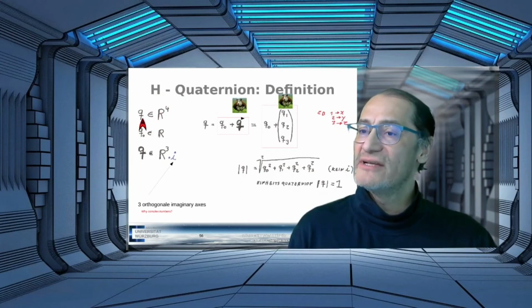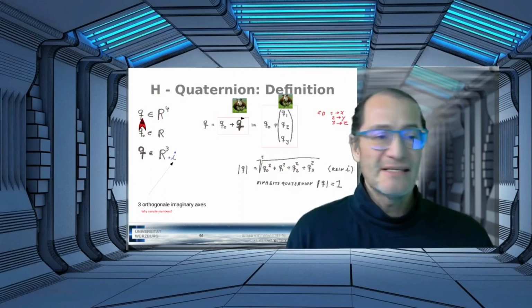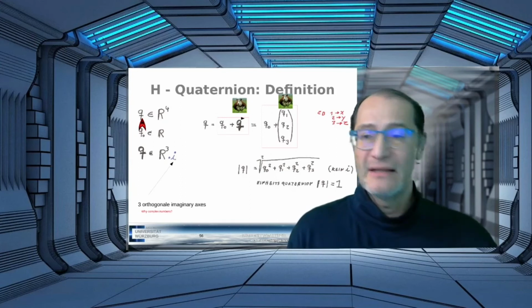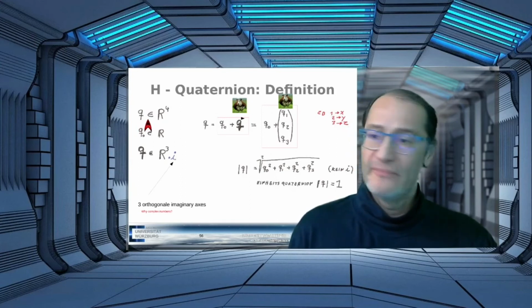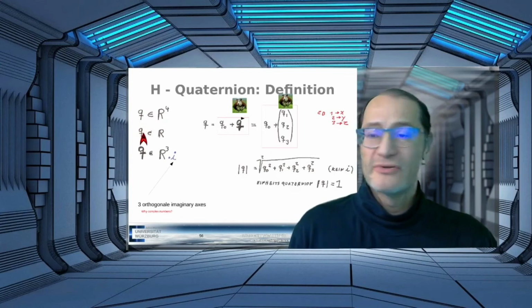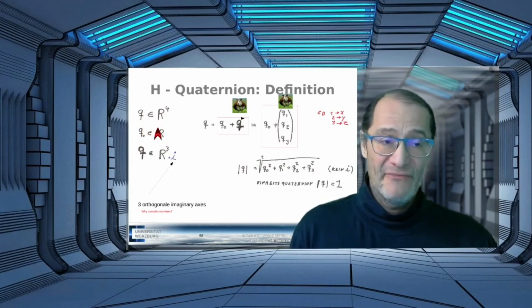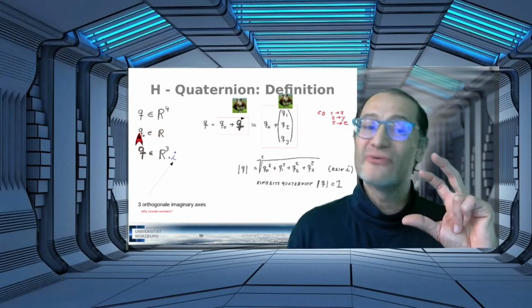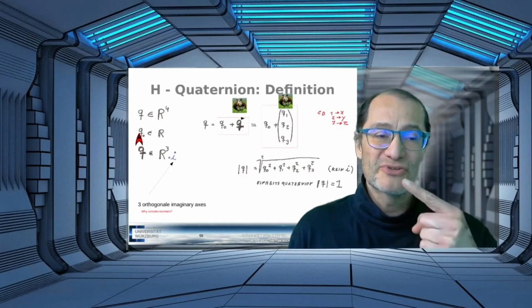And this is the definition of a quaternion. This is a Q. Q is a quaternion, a four-dimensional vector. And the Q consists of two elements. A scalar, which is a real value, and in this scalar we encode the number of degrees of the rotation, how much to rotate.